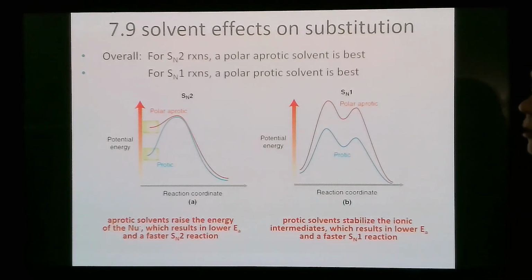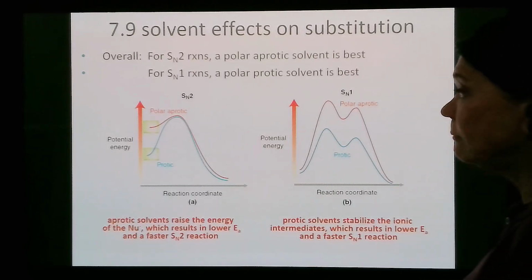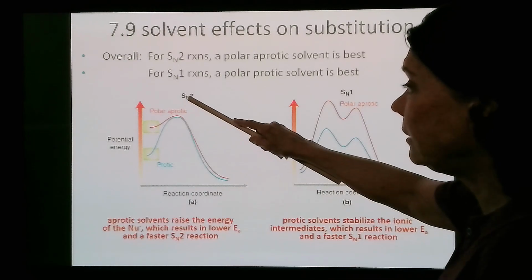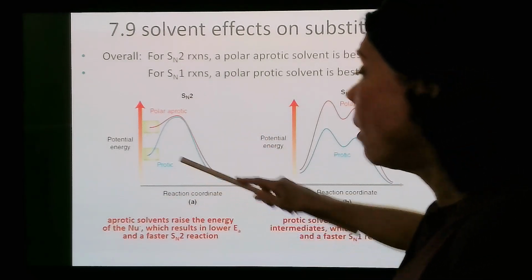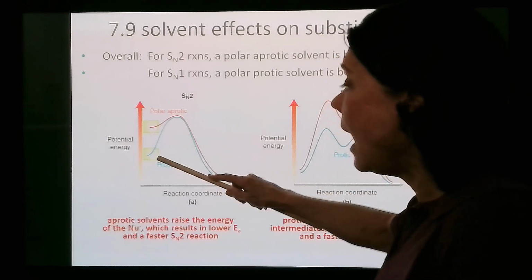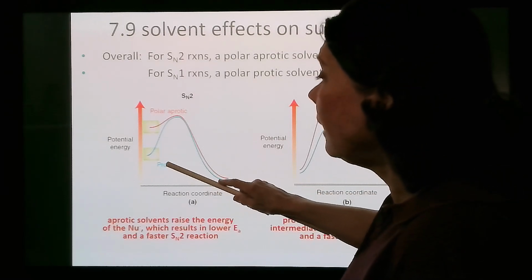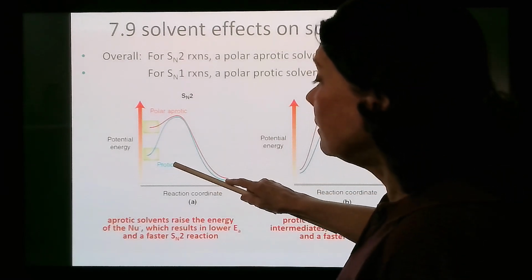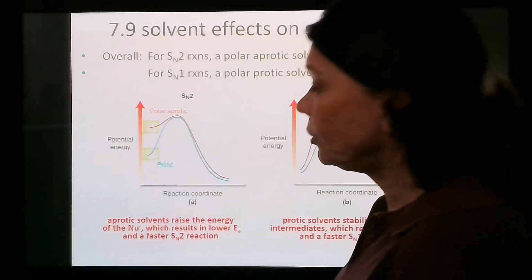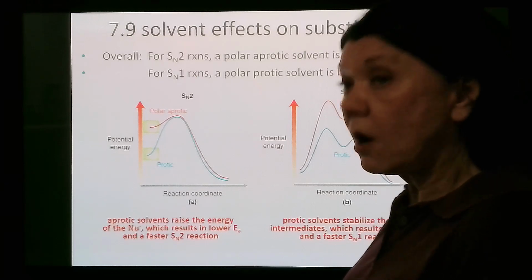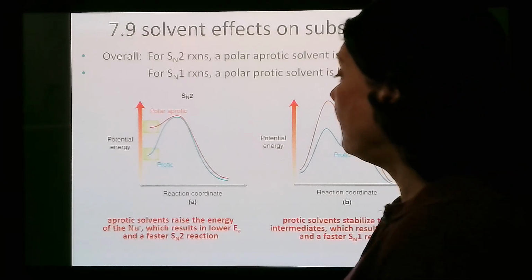So here, this is an energy diagram that describes what I just said. Remember when we were studying the SN2 reactions just a couple of videos ago, I described to you how in a protic solvent, the reactants are stabilized due to hydrogen bonding.